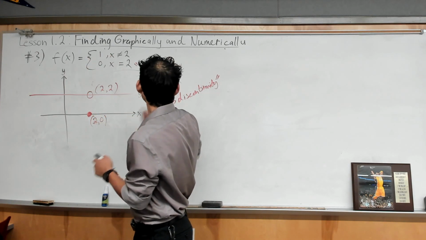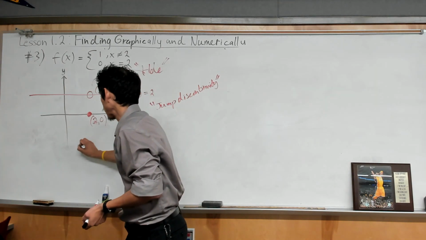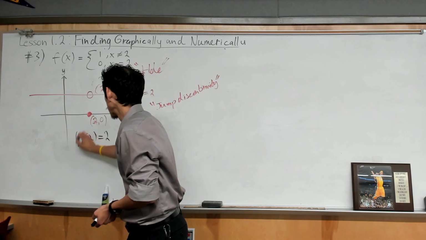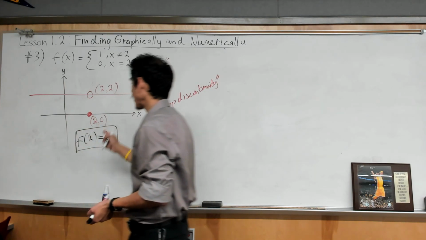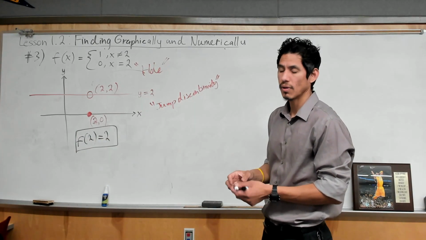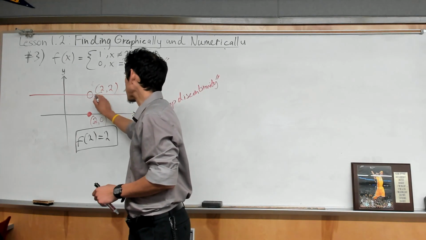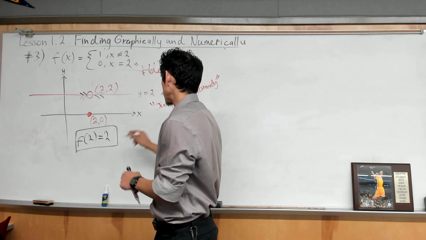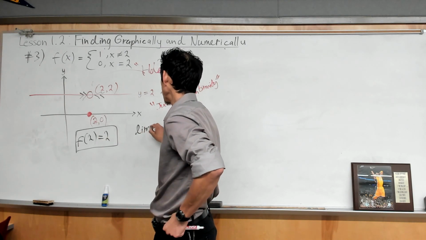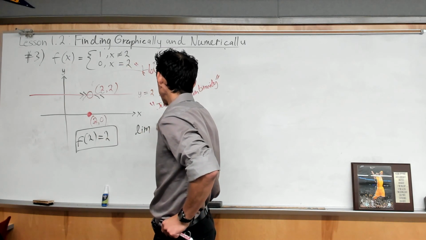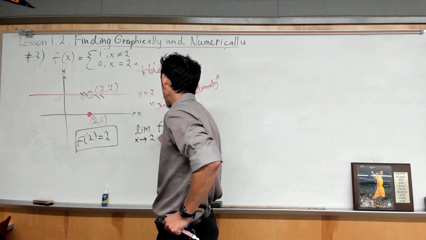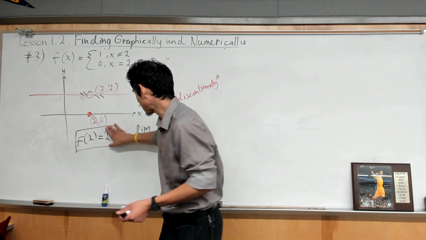So in other words, let's write it down here. f of 2 is equal to 2. So the function is defined for x equals 2. But as you can see, the limit is not the same as this, because the limit of f of x as x approaches 2, oh my god, I wrote this wrong.